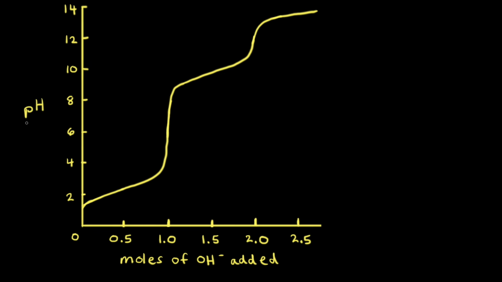Next, let's look at the titration curve for the titration of our diprotic acid with sodium hydroxide. On the y-axis is pH, and on the x-axis is moles of hydroxide anions added. Before we've added any hydroxide anions, at this point right here on our titration curve, we have our diprotic acid present, so H2A+. And since we started with 1 mole of H2A+, it would take 1 mole of hydroxide anions to completely neutralize the H2A+.